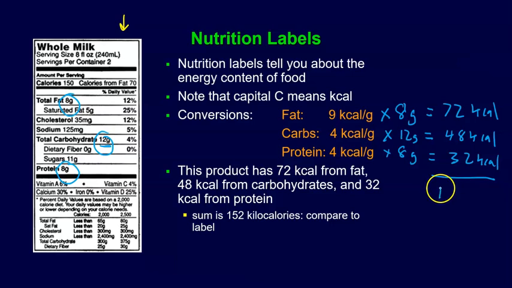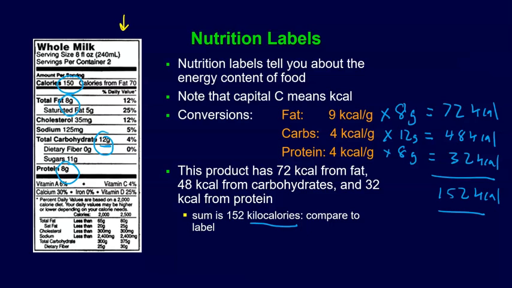When we add this all up, we get a number that's pretty close to what they're saying. For each serving of this milk, each glass of milk, we've got about 152 Calories, which, for us scientists, we want to call kilocalories, just to be careful there.